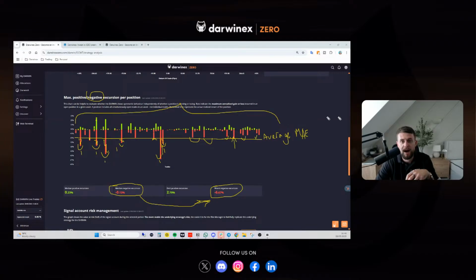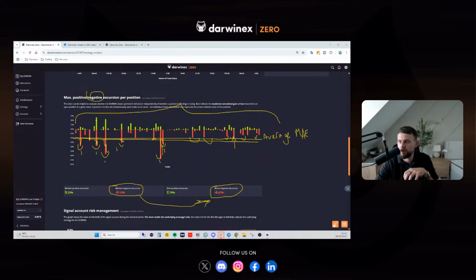So I don't know if you have changed anything based on that, but that's the only thing that I would be looking at here: if I was to cut off all of my trades at this average negative excursion, would I be more profitable or would I be less profitable? Because there's no telling how far these candles are going to go. Okay, so Alpha Wolf has said the earlier phases were all tested. Okay, great.